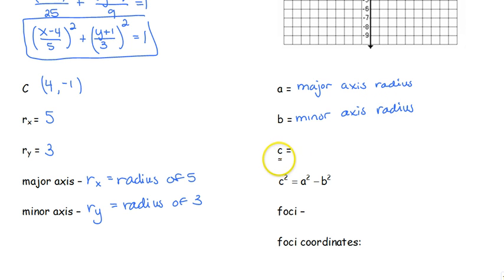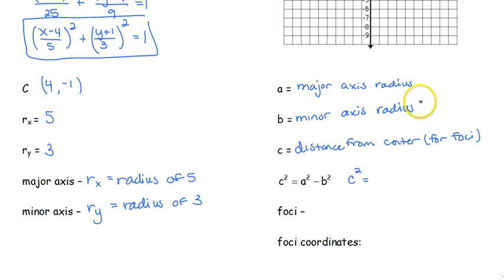And to find C, C is representing the distance from the center, and this is going to be for your foci, and we'll talk about the foci in a second. So to find your distance to your foci, you're going to use c squared is equal to a squared minus b squared. So we don't know c, that's what we're trying to find.